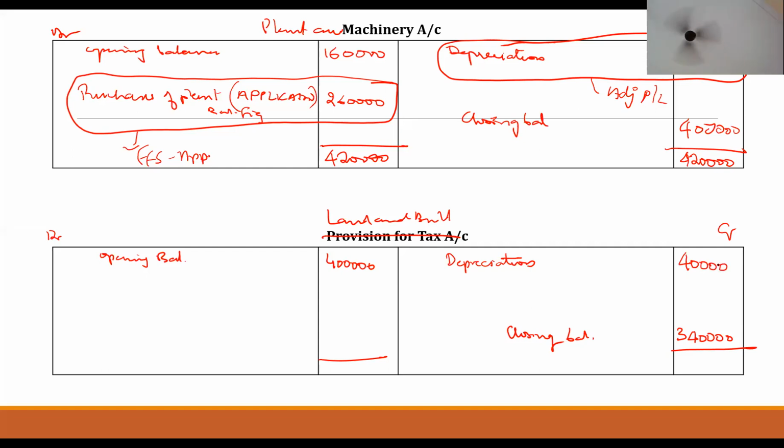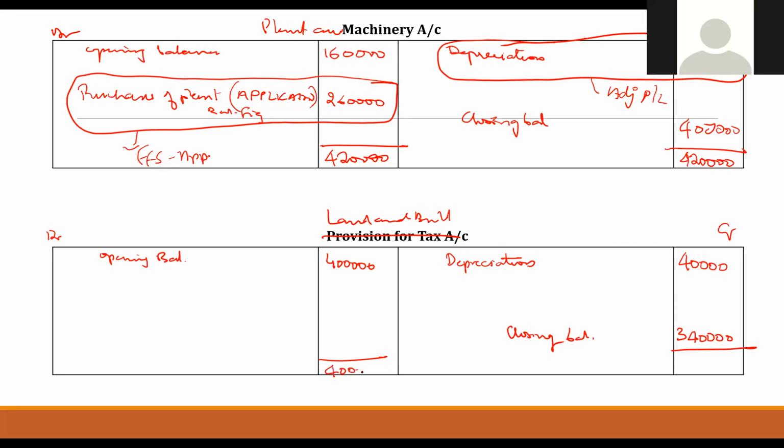Now the next procedure, they have not given any profit on sale or loss on sale or purchase or sales. So the balancing figure would be either purchase or sale of land and building. Which side is more? Debit side is more. Earlier, while preparing the plant and machinery account, credit side was more, right? Here debit side is more.